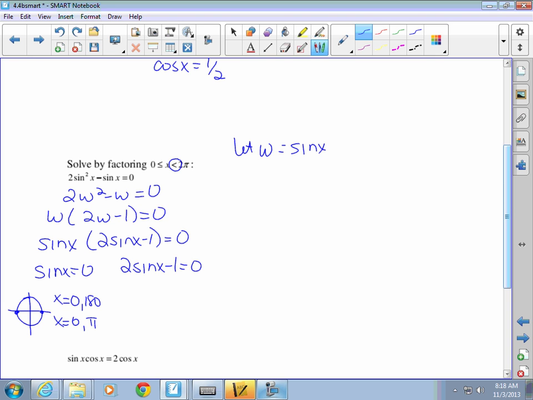Okay, so then for my second one, 2 sine x minus 1 is equal to 0. So 2 sine x is equal to 1, divide by 2, sine x is equal to 1/2. So that's the same as opposite over hypotenuse, or y over r. So a hypotenuse equal to 2 is that 30, 60, 90 triangle.